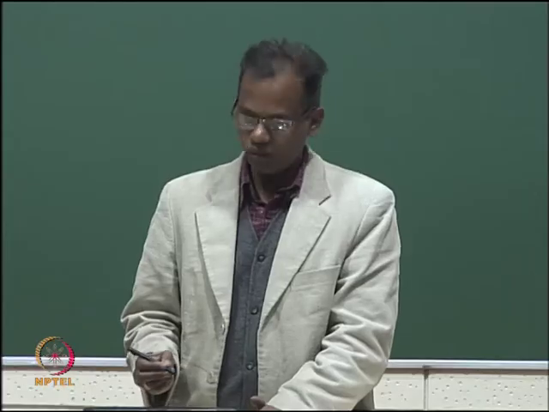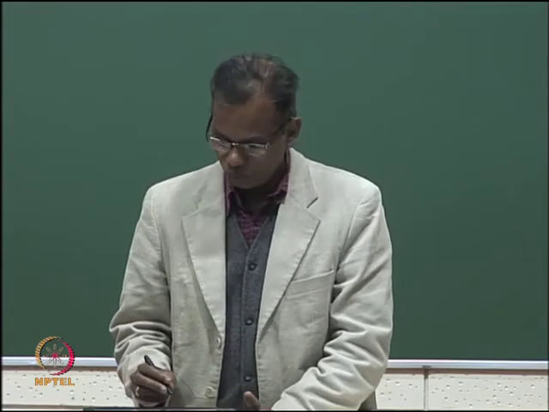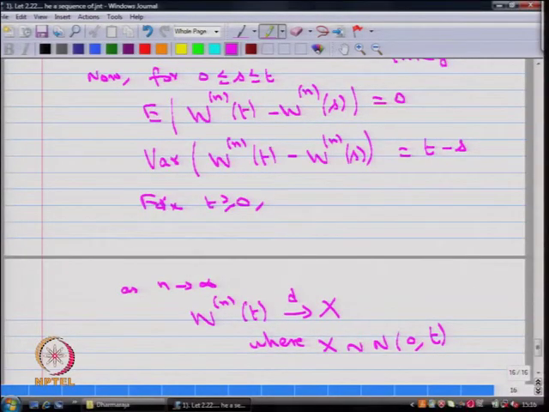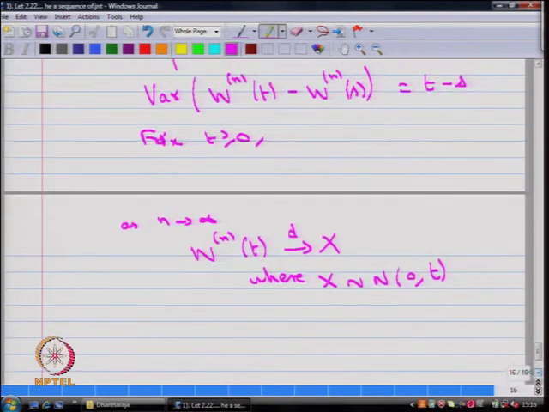Using the central limit theorem, one can prove W_n of t converges to X in distribution, where X is a normal distribution with the mean 0 and the variance t. This result is very useful in Brownian motion, and this same problem will be discussed in detail when we are discussing the model of Brownian motion.